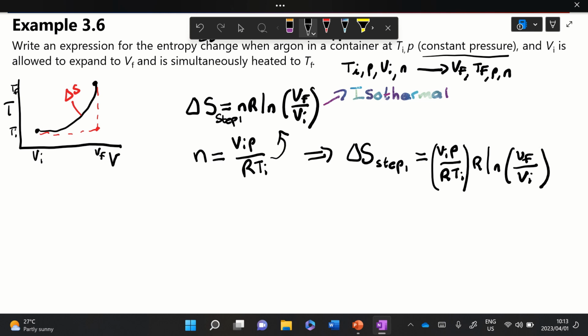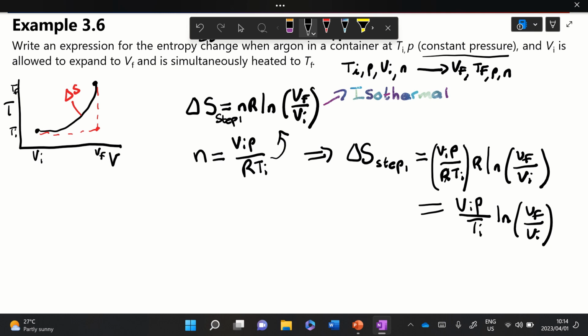Then you can cancel the R's, so we end up with Vi P over Ti ln of Vf over Vi. So that is our first step.